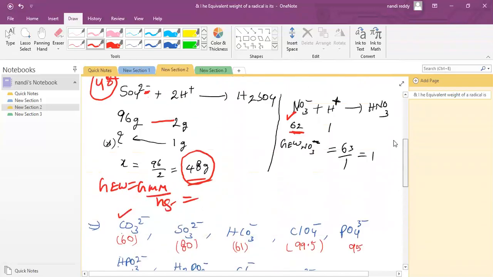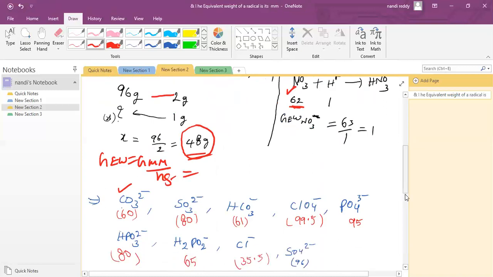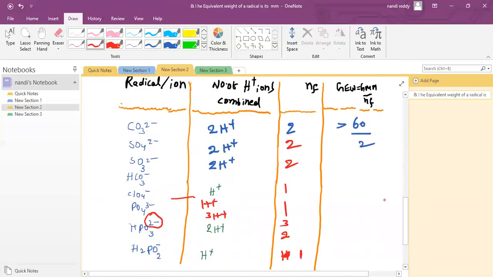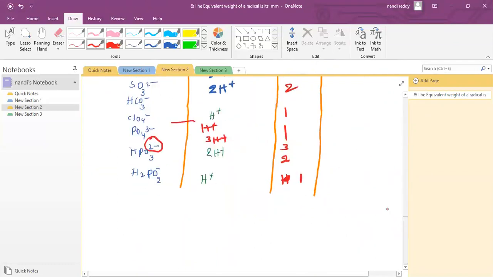What is that basic definition? You need to consider how many parts of hydrogen can combine with one part of anion. Clear? So this is the anion's equivalent weight. For example, for phosphate ion, 95, gram equivalent weight equals gram molecular mass by n factor.